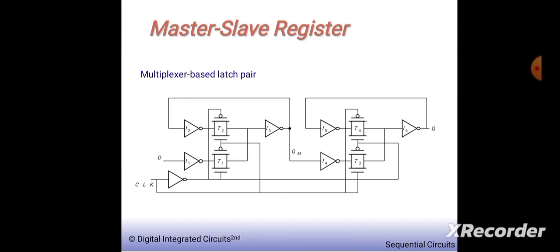When I give clock as 0, the master will become active and the slave will become inactive. Like that, we can make use of master slave D latch registers, controlled with the help of our clock signal.